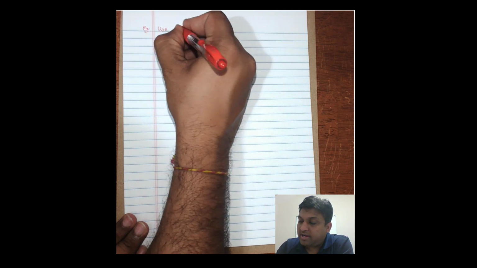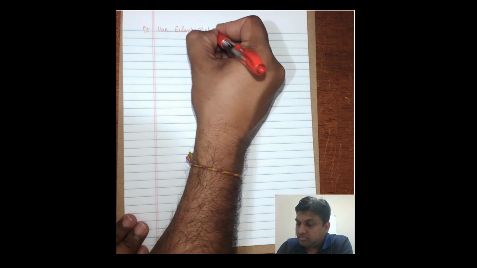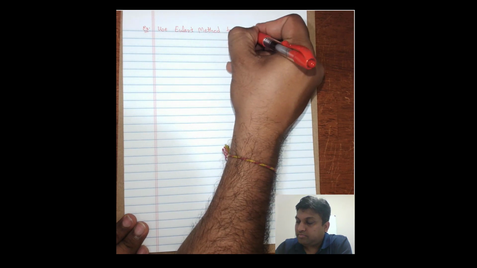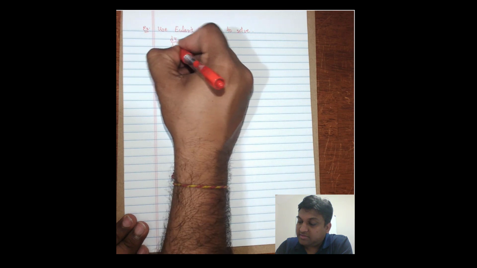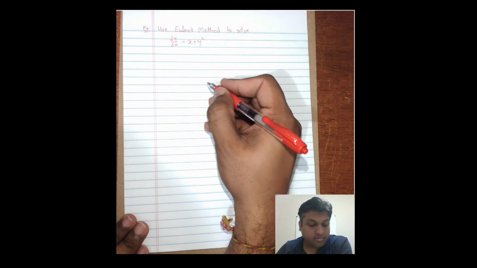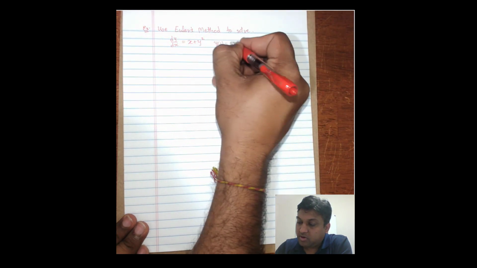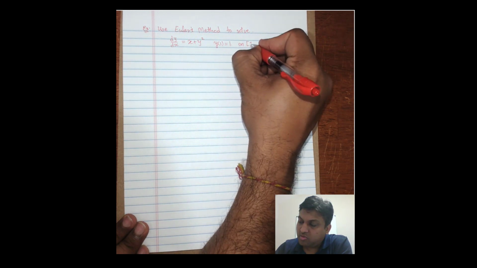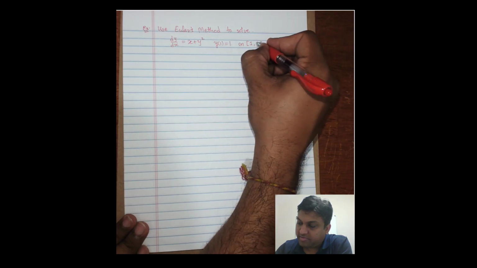Use Euler's method to solve this differential equation dy by dx equal to x plus y square with initial data y at 1 equal to 1 on the interval 1 to 2.5.